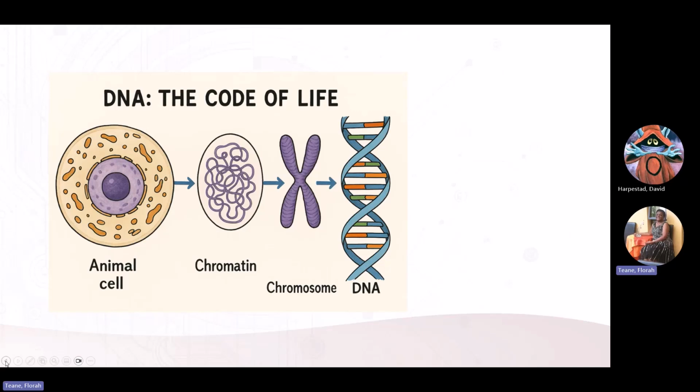And a section of a DNA molecule is a gene. So I repeat again, DNA is found in a cell inside the nucleus, specifically in the chromosomes, and the DNA is made up of genes.